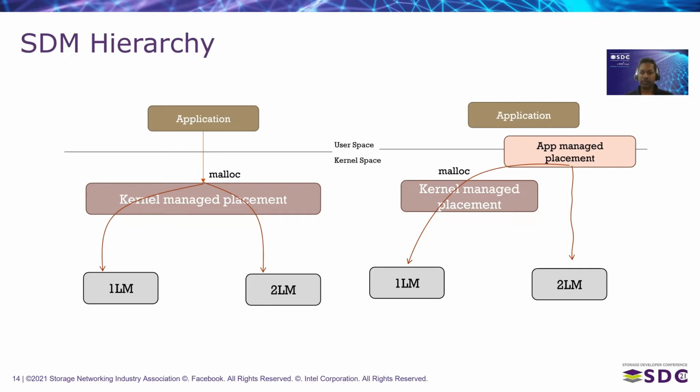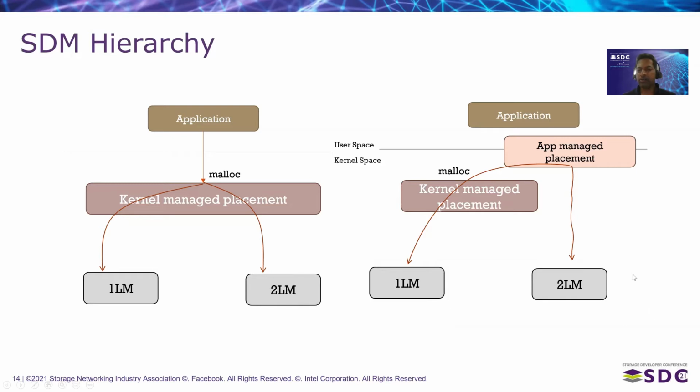The second way to consume the memory is that the application actually manages the placement between 1LM and 2LM, and implements the tiering policies that are fairly advanced in nature, and then it can benefit from some fine-grained control of managing the 2LM media. So on the right-hand side, in the example of application managed placement, it basically uses malloc to access the 1LM.